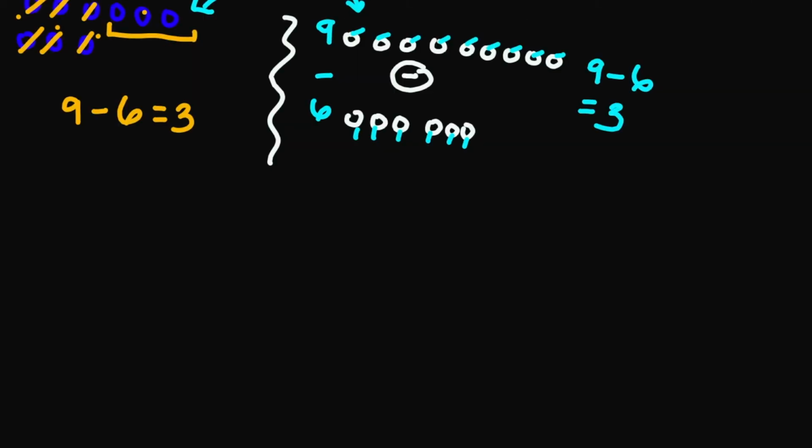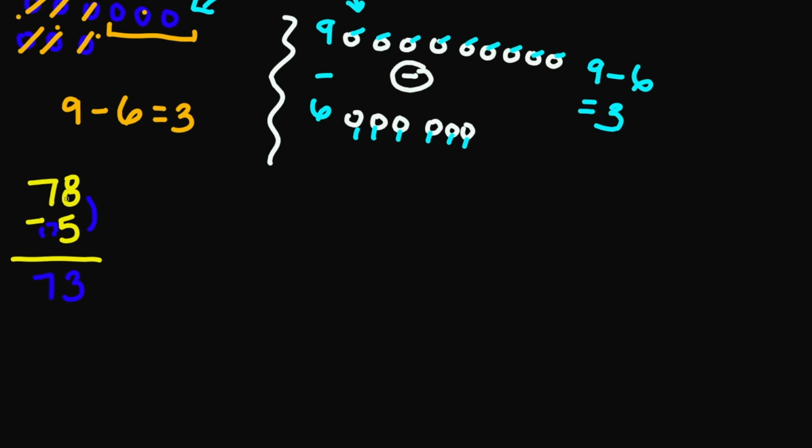Okay, so what if I have 78 minus 5? All right, first I'm going to do 8 minus 5, and that's going to be 3. And then 7 minus 0, an imaginary 0 here, and that's going to be 7.